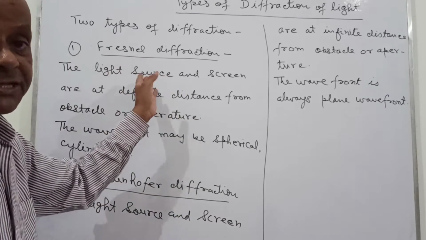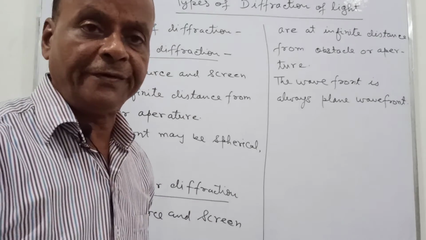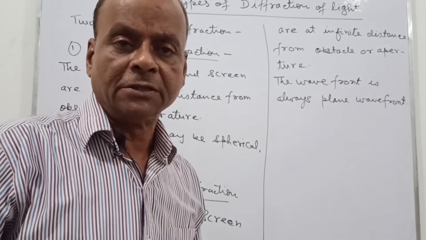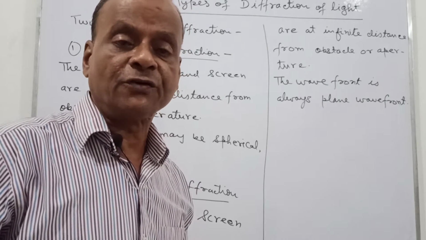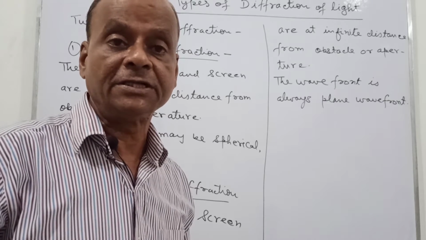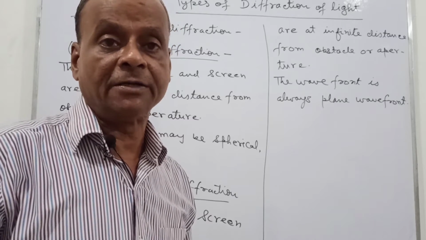In the case of Fresnel, if we find the diffraction pattern, then the central fringe may be bright or dark. But in case of Fraunhofer diffraction, the central fringe is always widest and brightest.